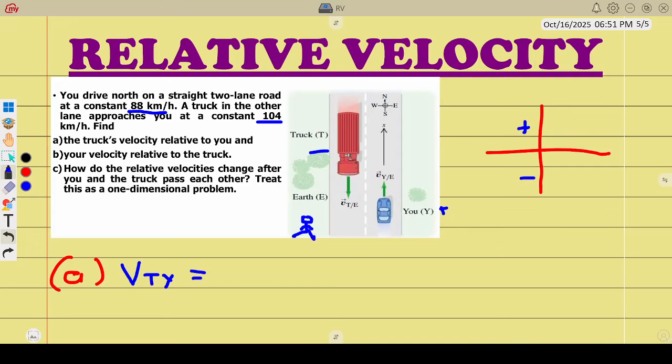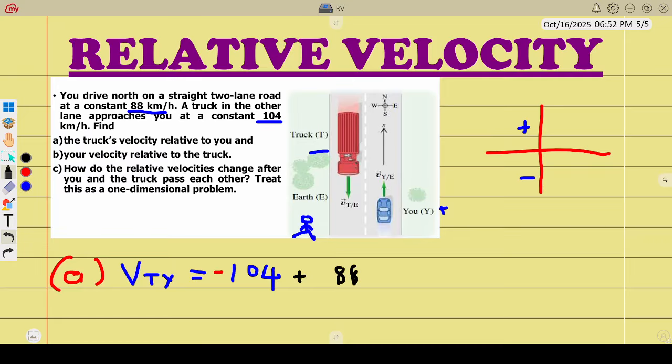So the truck's velocity relative to you, we're going to add. Since the truck is going in the negative y, it is coming down. They gave us 104, and its direction is negative, so negative 104 is the truck's velocity. And then we add 88.